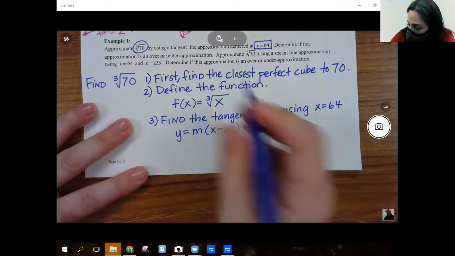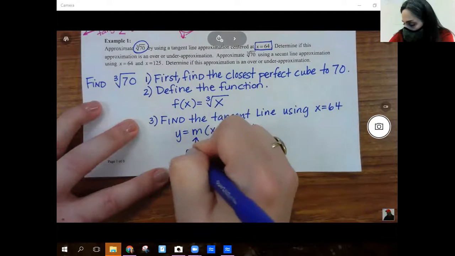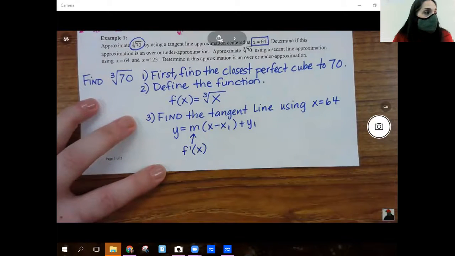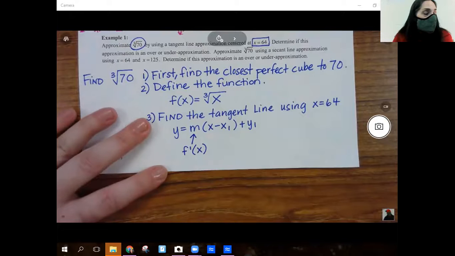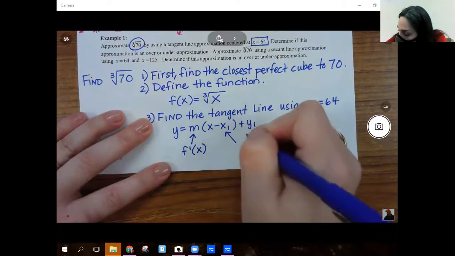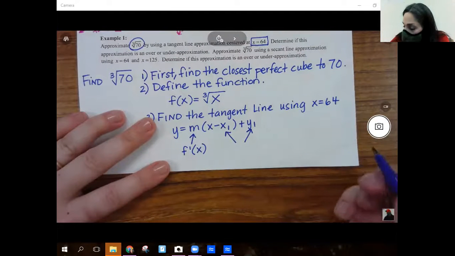So in order to do the tangent line, we need a slope. Well, that slope is going to be the derivative of the function, okay? And then this x1 and this y1 are going to be the perfect cube.